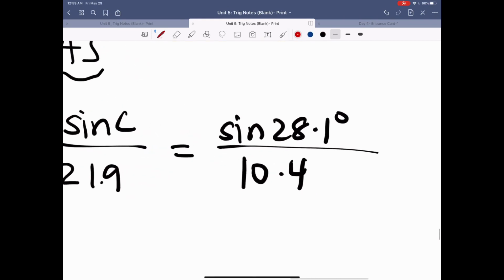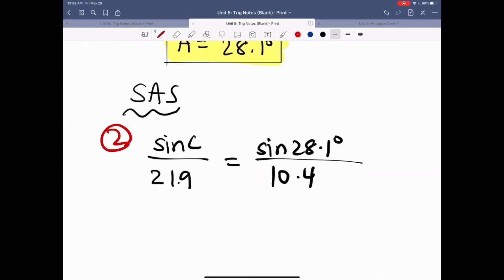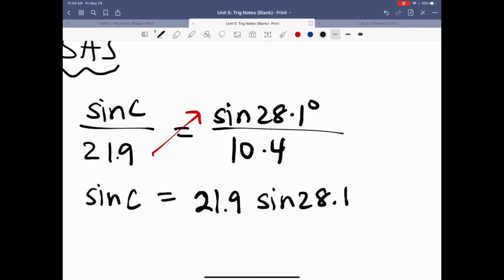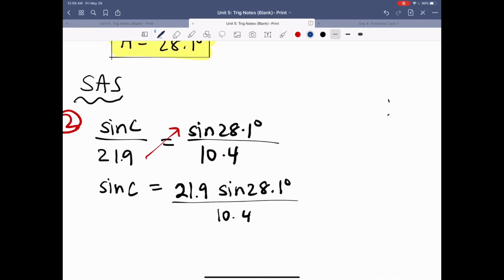Sometimes I use half cross multiplying, which means I'll get 21.9 sine 28.1 equals 10.4, and I have to divide by that 10.4 anyways. If you have no idea what I'm talking about, just do the full cross multiplying and you'll get to the same thing. You just don't want to make mistakes, so you might as well do some extra steps if that means you're not making mistakes. However way you do it, this is what you should get to at some point.